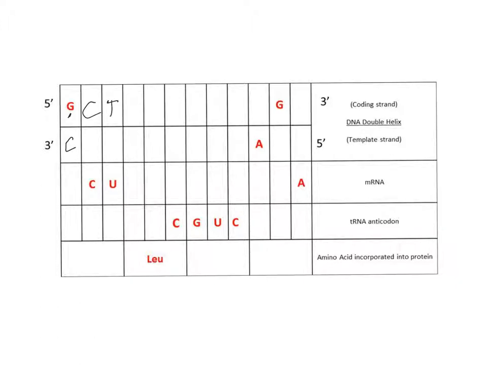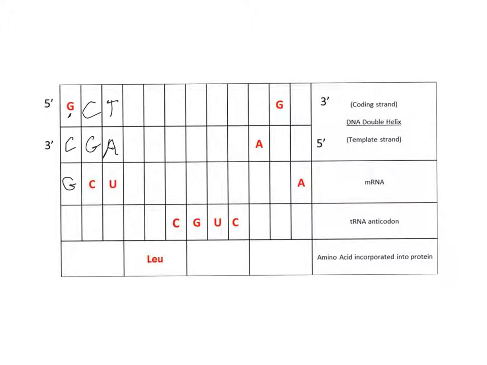Now, the other thing we know is that the mRNA is complementary to the template strand. And so we can take a look at both of these, and so we know there must be an A here because that's complementary to the T in my coding strand and complementary to the U in my mRNA, and there must be a G here, again complementary to both. And my missing part of the mRNA here must be a G because it's similar to the coding and complementary to the template strand.